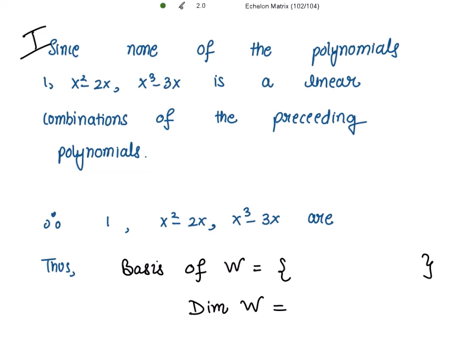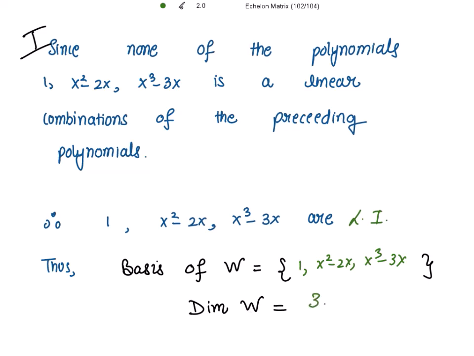Because the number of elements in the basis is 3, the dimension of W is 3.